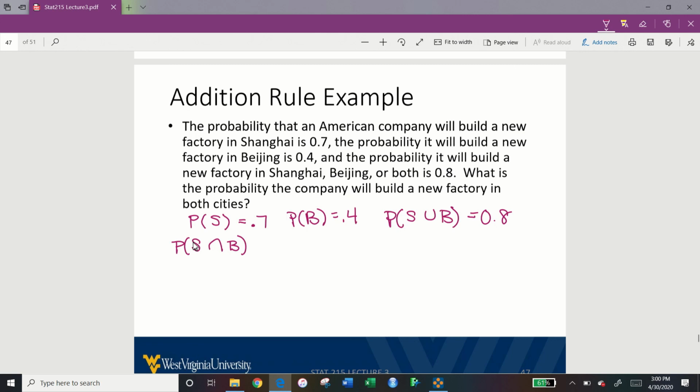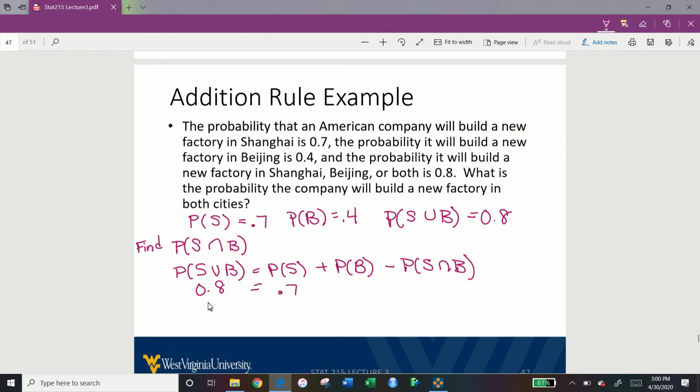So in order to do this, we need to use our addition rule. So we know that the probability of the union of Shanghai and Beijing equals the probability of Shanghai plus the probability of Beijing minus their intersection. At this point, we can do the old-fashioned plug and chug. 0.8 equals 0.7 plus 0.4 minus our probability of both cities.